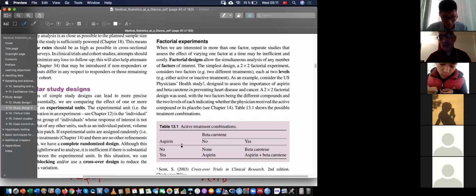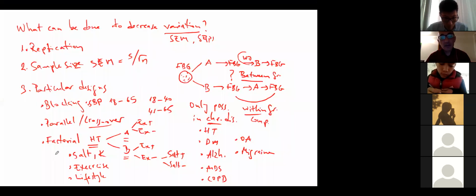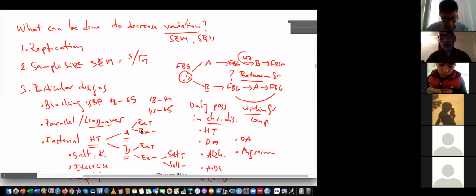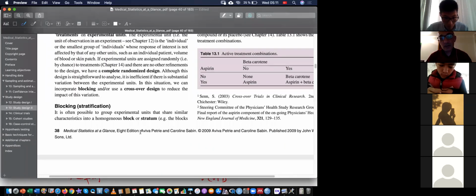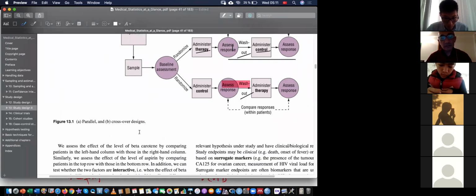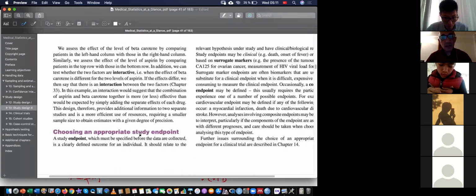In a factorial design, here we have two factors, aspirin and beta carotene, but even for heart diseases, there could be more than two factors affecting your outcome. So if you have a factorial design, you may control for the variation as well.